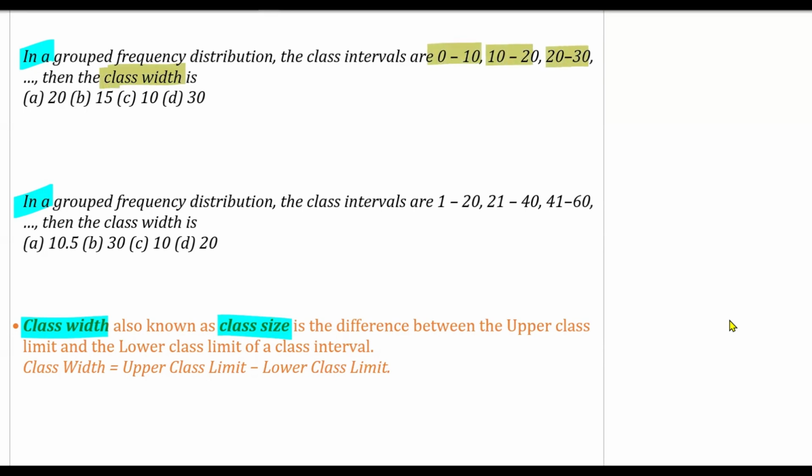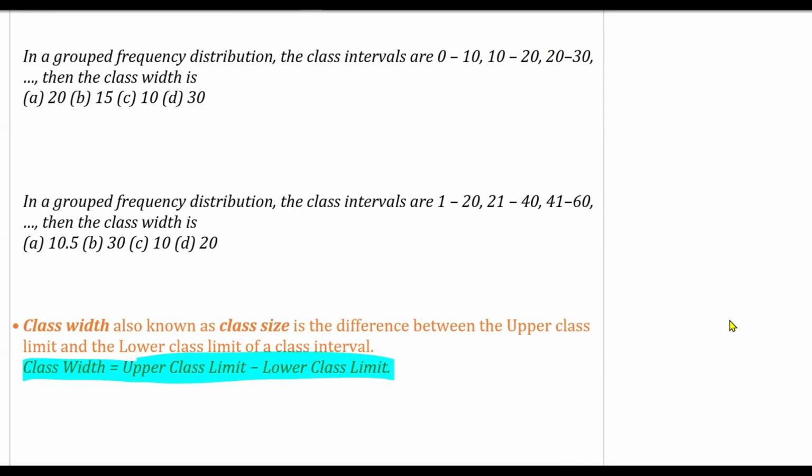Now if I apply the formula for finding class width or class size, it is upper limit minus lower limit. So you may select any random class, including the first one, and can find the class width. Let's say I took this one. Upper limit is 20 minus lower limit, and that should give you 10.